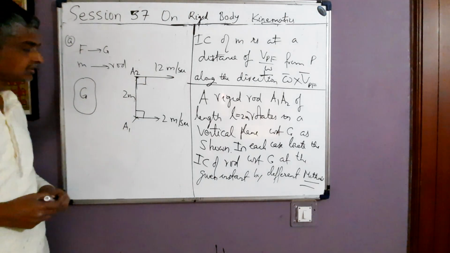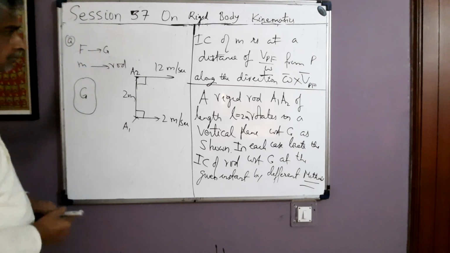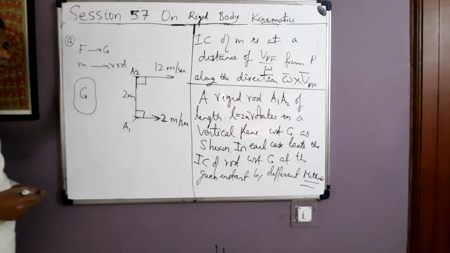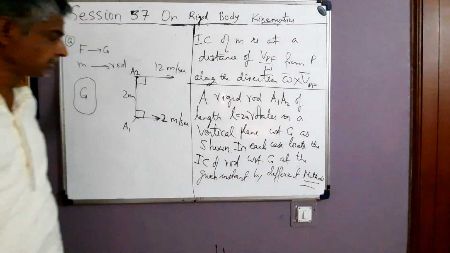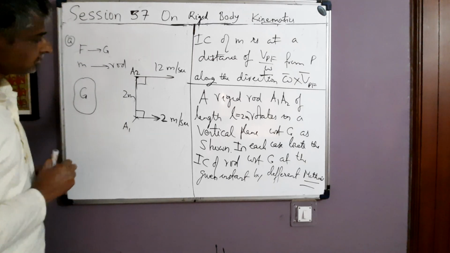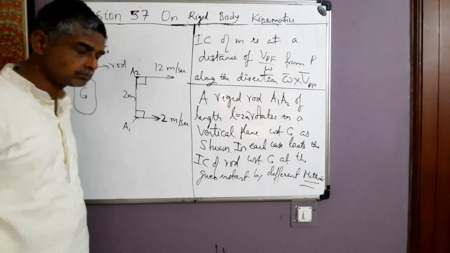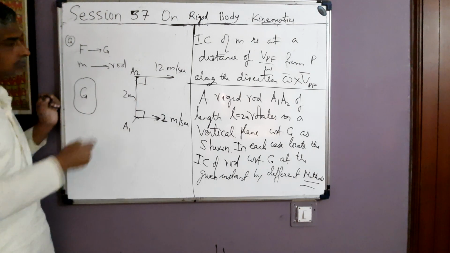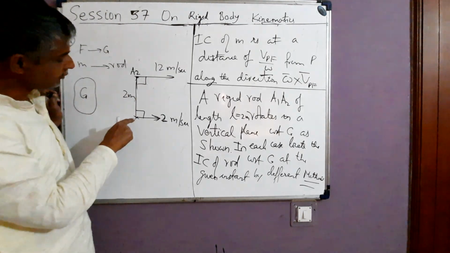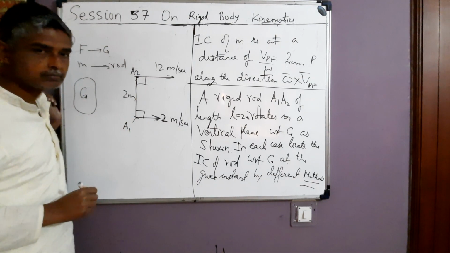Now we have to locate the IC of the rod with respect to ground at the given instant, by different methods. Now, the IC of the rod by definition has zero velocity with respect to ground at this given instant.